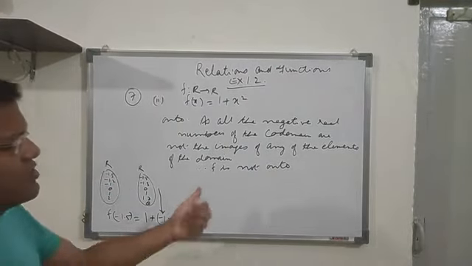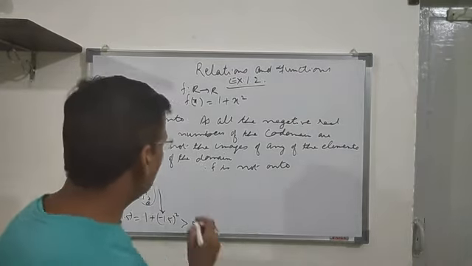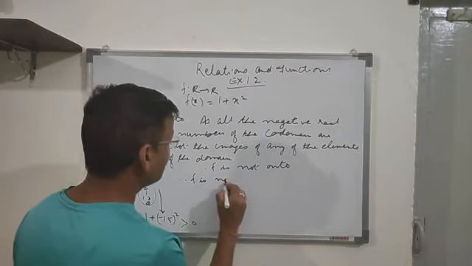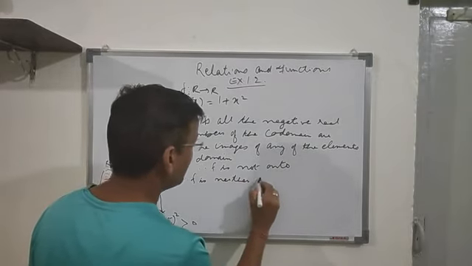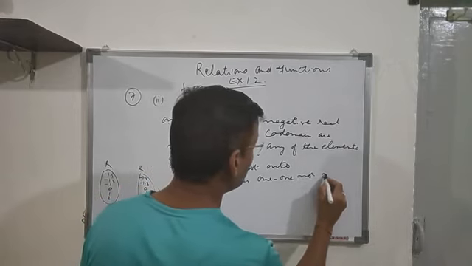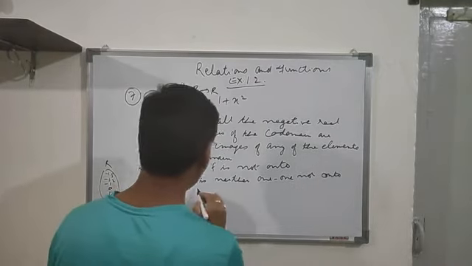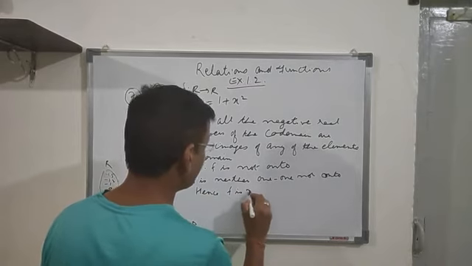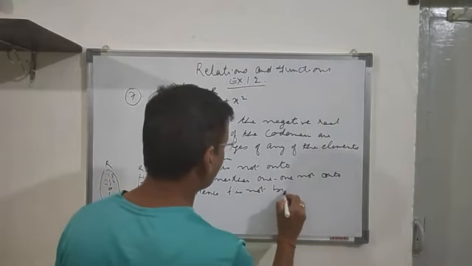So if it is not 1, 1, and not onto, therefore f is neither 1, 1 nor onto. Hence, f is not bijective.